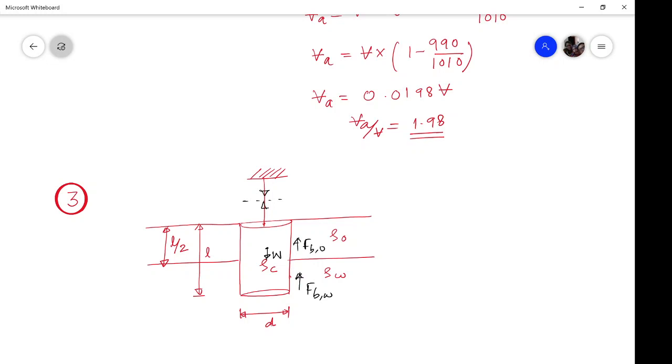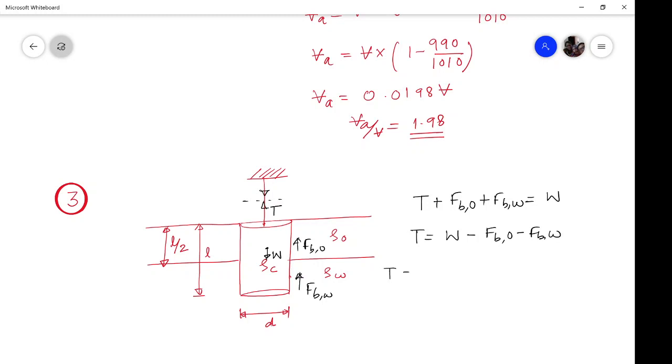So if you balance everything, let us say this is tension in the rope, so T upwards plus buoyancy force due to oil plus buoyancy force due to water will balance W. So this T will be W of this cylinder minus buoyancy force of oil minus buoyancy force of water.